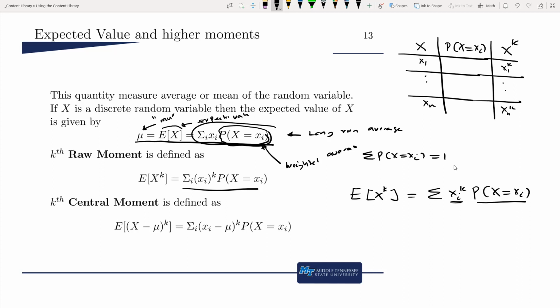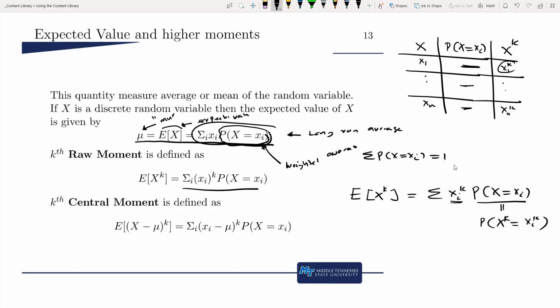But the probability of it taking this value is still the same. So just notice that you don't have to recalculate the probability. The probability that X to the k takes xi to the k is the same.